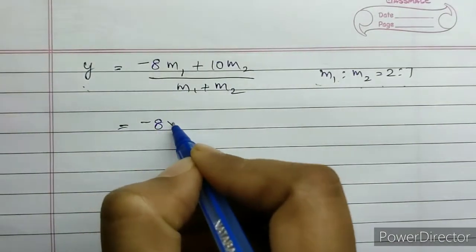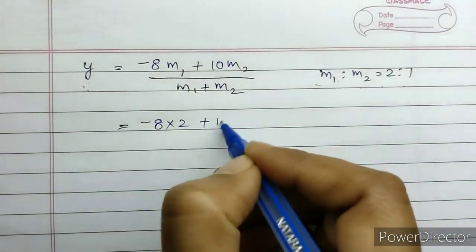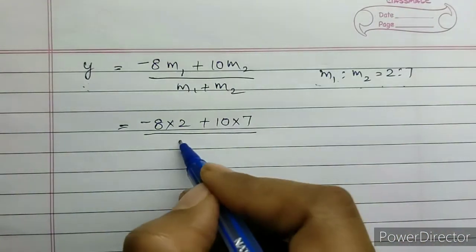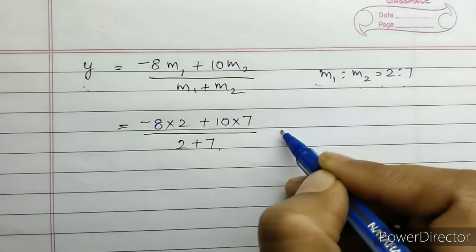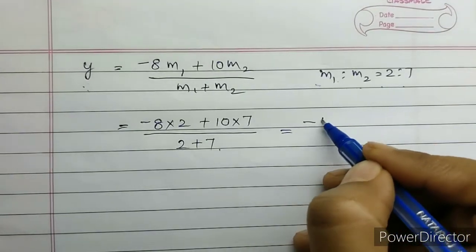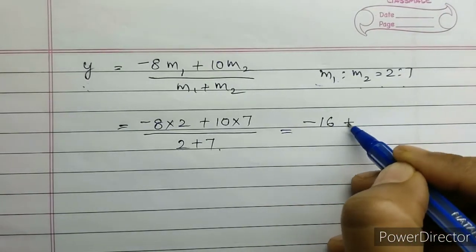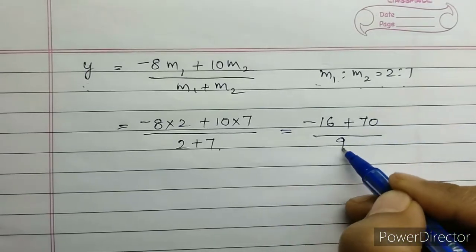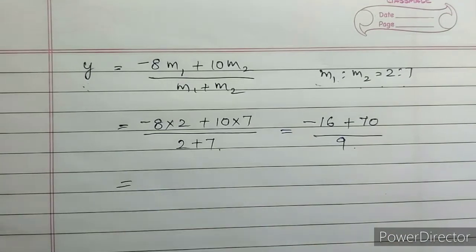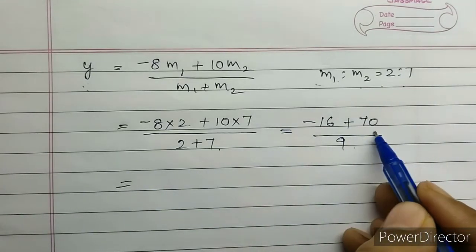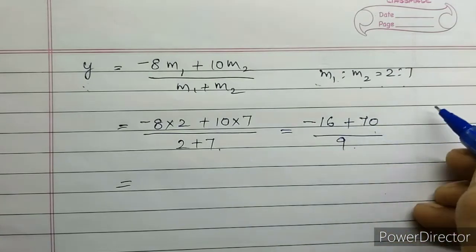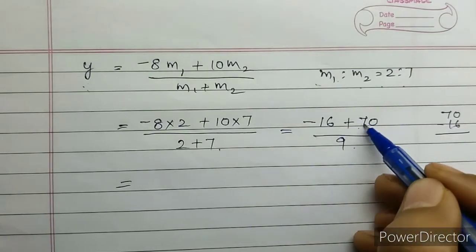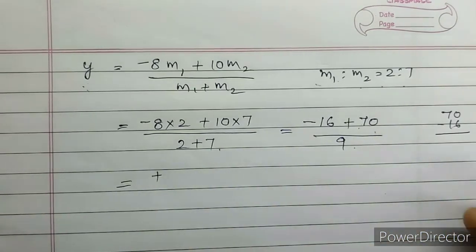Minus 8 into m1, which is 2, plus 10 into m2, which is 7, divided by m1 plus m2, which is 2 plus 7, which is equal to negative 16 plus 70 divided by 2 plus 7, it is 9, equals minus 16 plus 70. One is plus and one is negative. You have to subtract and put the greater number's sign. Greater number is 70, so a positive answer only will come.